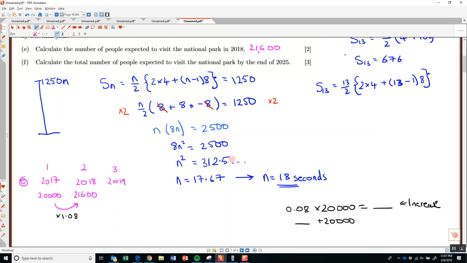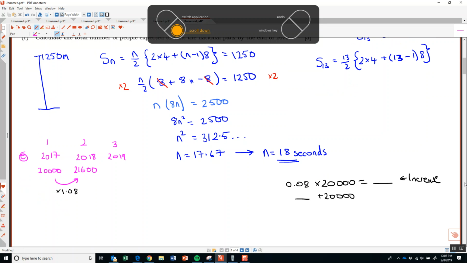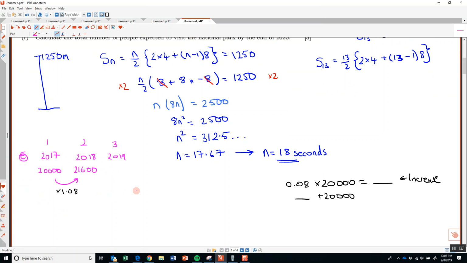Then the last part: calculate the total number of people expected to visit the park by the end of 2025. So the total number of people, we're looking at the sum, okay? If it's by the end of 2025, what n value am I looking at? If 2017 is 1, 2018 is 2, 2019 is 3, what is 2025 going to be?